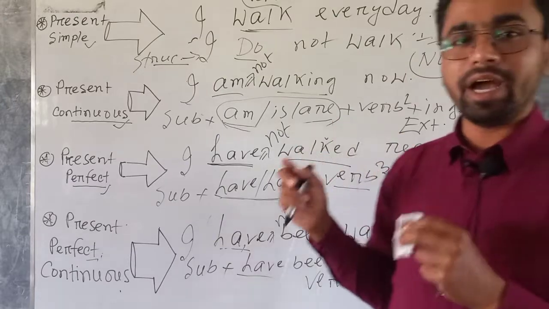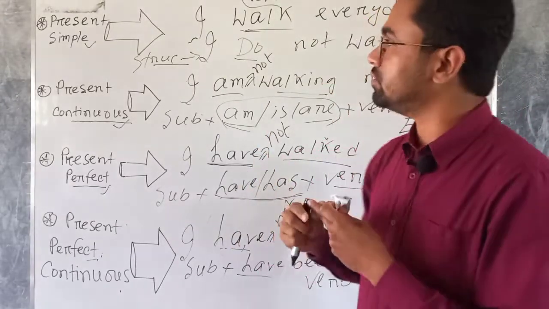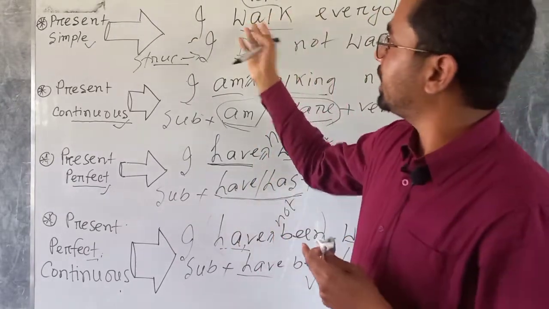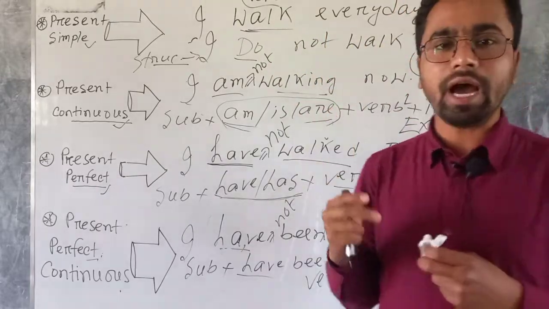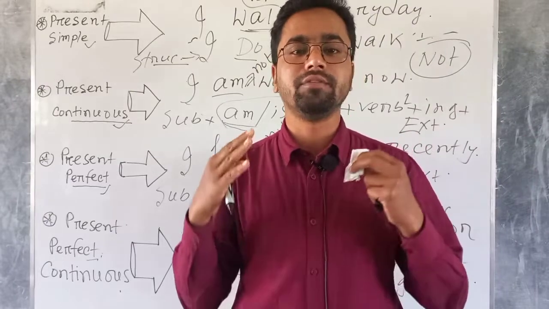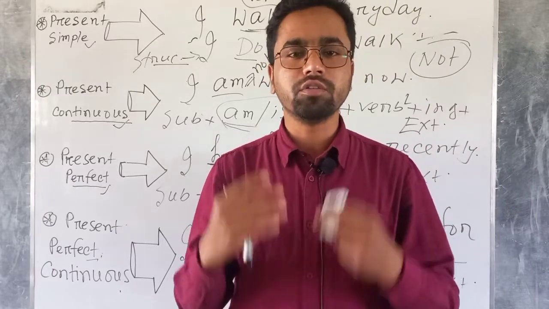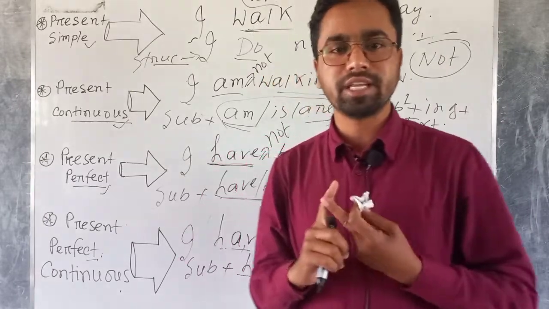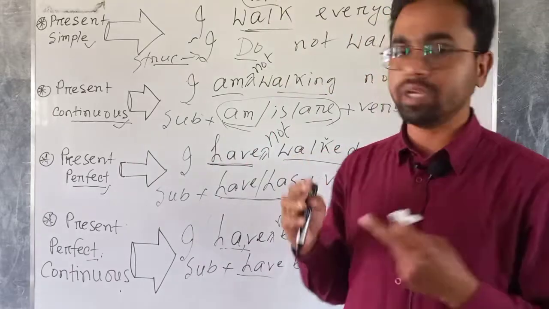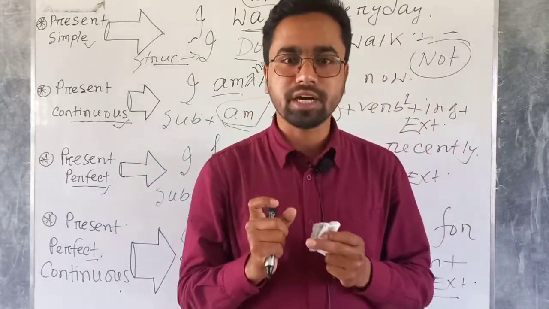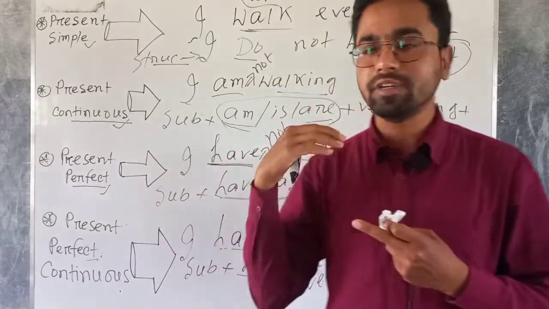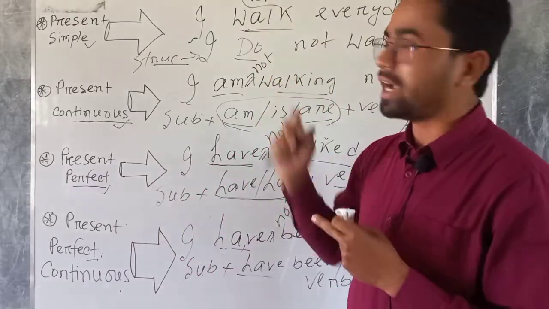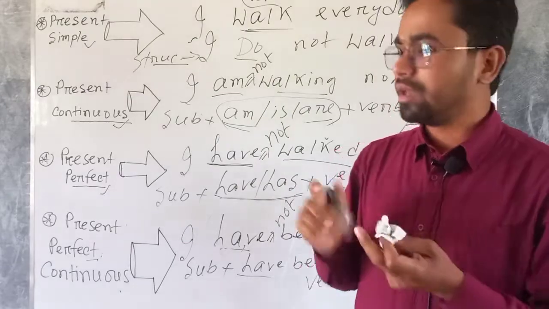I think it has become clear to all of you how to make the structure using examples, and today I have tried my level best to make all of you understand the present tenses and also how you will be able to write down a structure using an example. And then I have shown you about negative sentences.